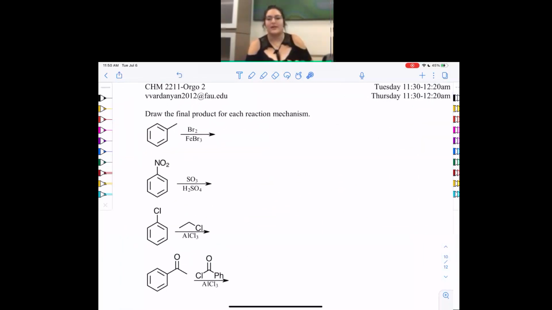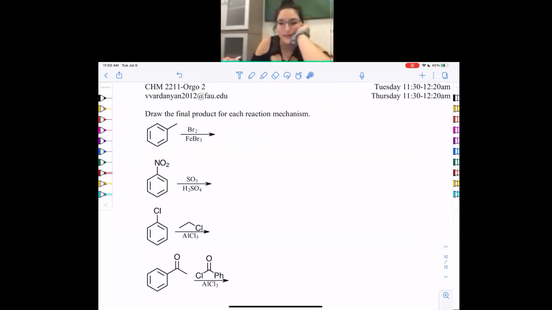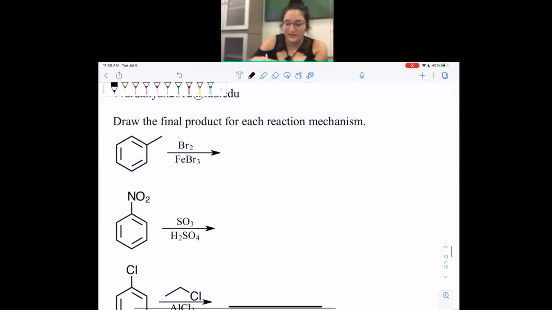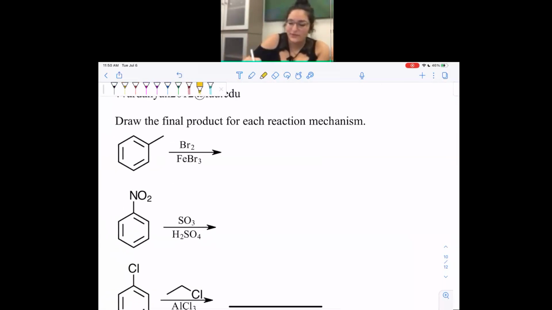Alrighty, so now that I've told you all about this stuff, let's actually do some practice problems. There's pretty much a set of steps that I like to go through when I do these reactions. So I'm going to zoom in, and as always, I will zoom out at the end. So first and foremost, what kind of group is this?